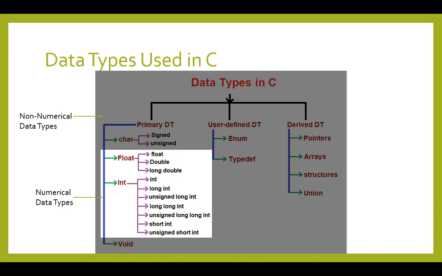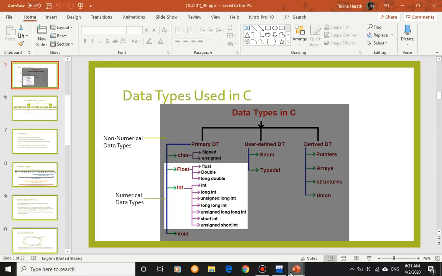The short int can handle any value in between those two limits. If it is unsigned, it can only handle positive values from 0 to 65,000. Okay, so that's from our previous lesson.